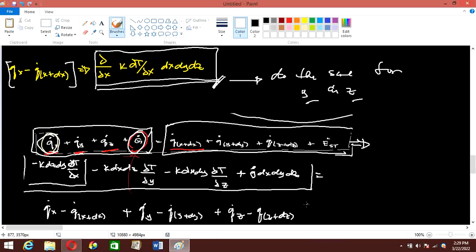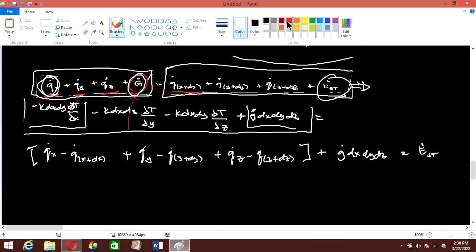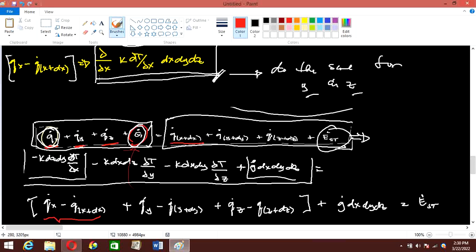And then after this whole heat going in and out of the system, we can now add this G or heat generation, which is equal to this part. So we have heat generation equal to only this part, the stored energy. Okay, and this expression is equal to this expression, right? This part is equal to this part.